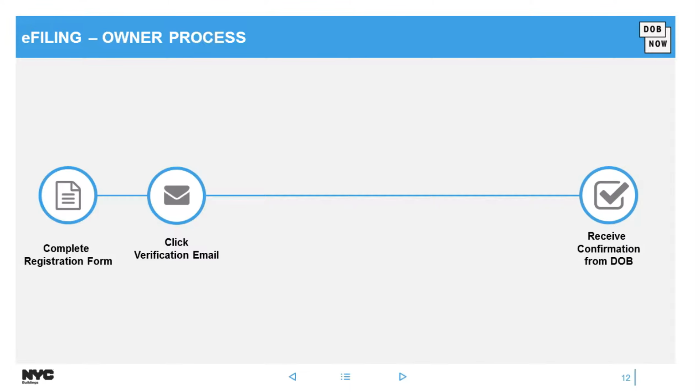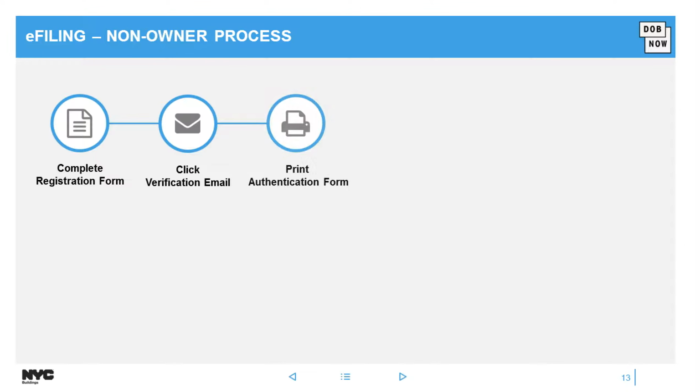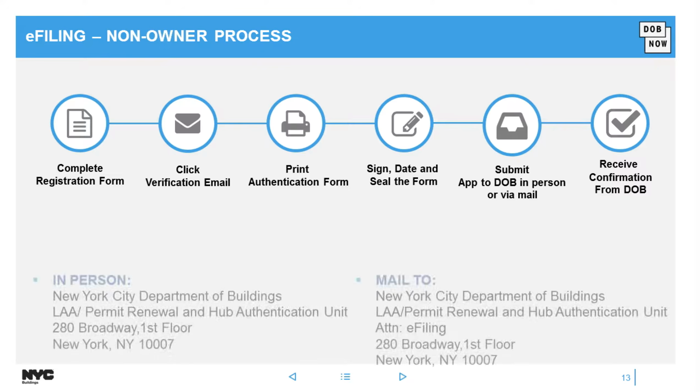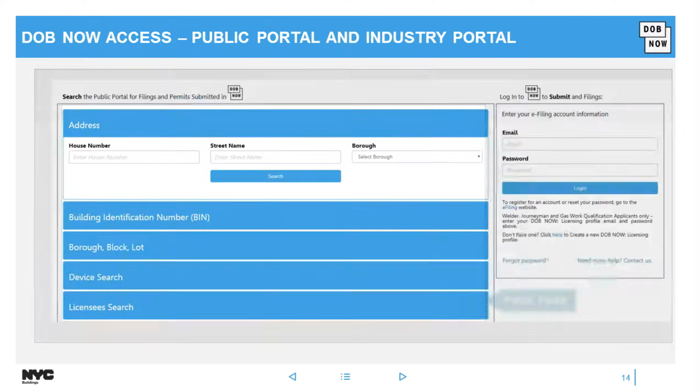The owner completes the registration form, clicks the verification email, and then receives a confirmation. The other users complete the registration form, click the verification email, print, sign, date, and seal the form, submit it in person at one of the 2 addresses shown here, or by mail, and then they receive a confirmation.